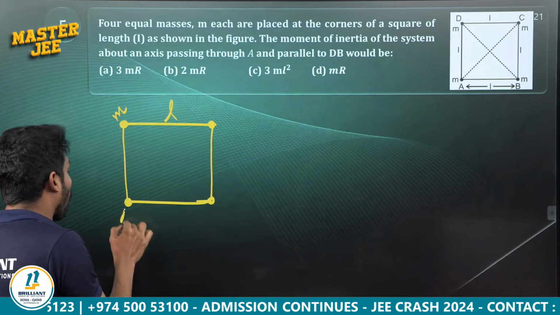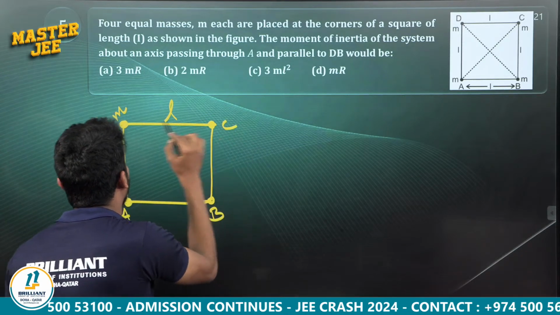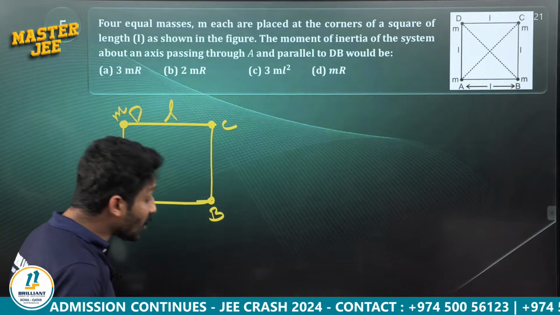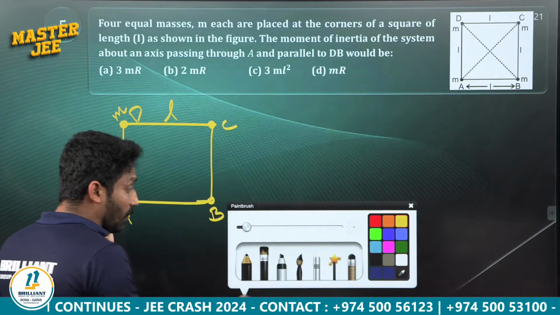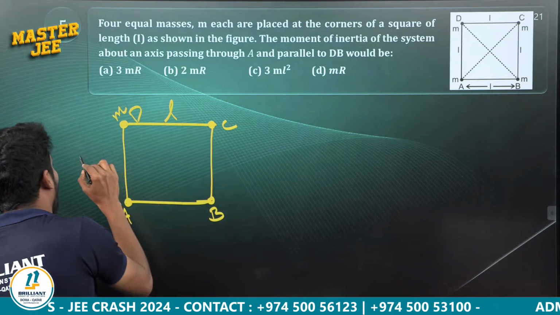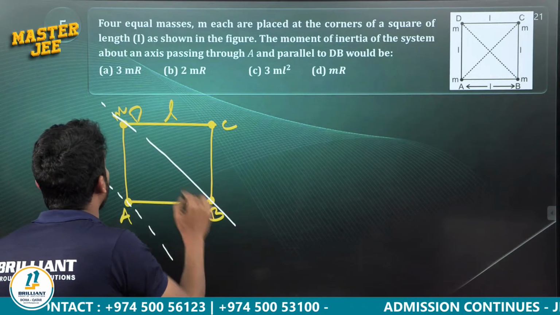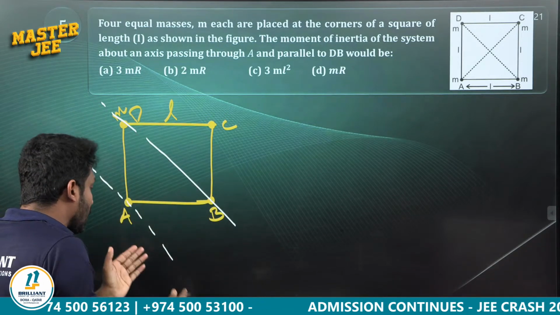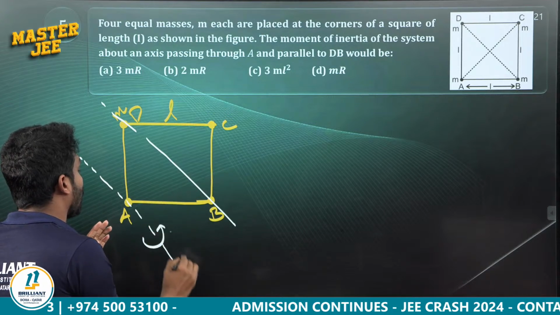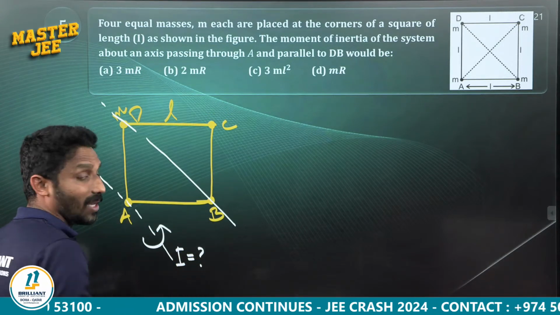This point is A, this is B, this is C, and this is D. We need to calculate the moment of inertia of this system about the axis passing through A and parallel to dB. This is dB. The system rotates about this axis, and the moment of inertia is asked.